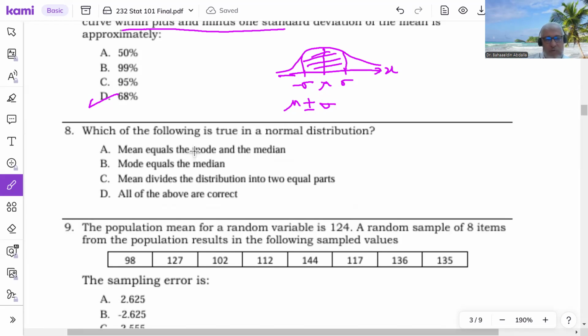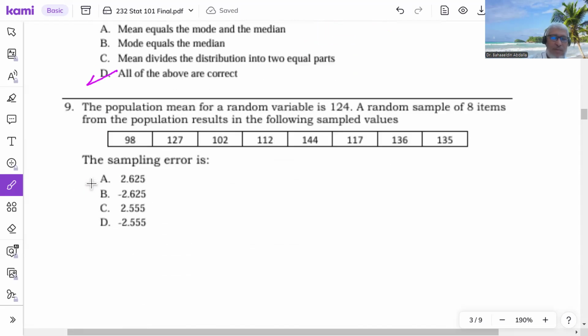Now here, which of the following is true? The mean equals the mode. Yes, all of them are here. This is the mean, and it is the mode, the highest point, and it is the median. So this is correct. Mode equals the median. Yes, all the three are here. Mean divides the distribution into two equal parts. Yes, 50% to the right, 50% to the left. So all of the above are correct.